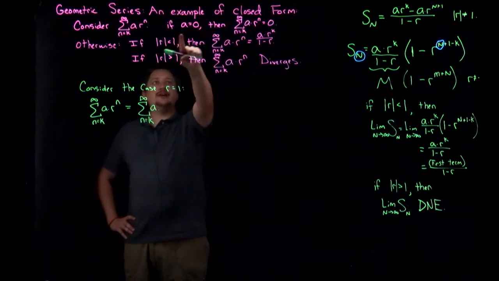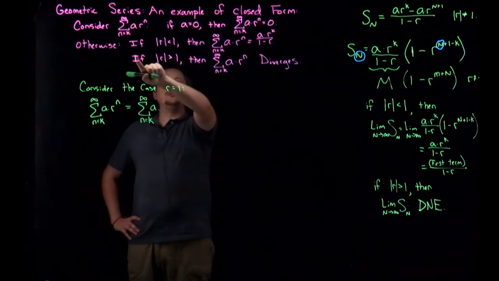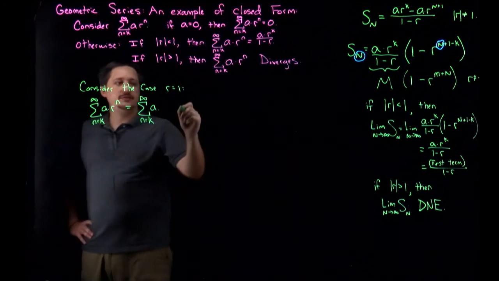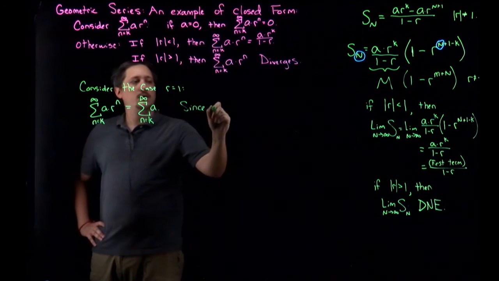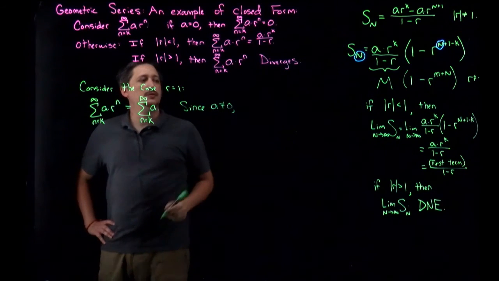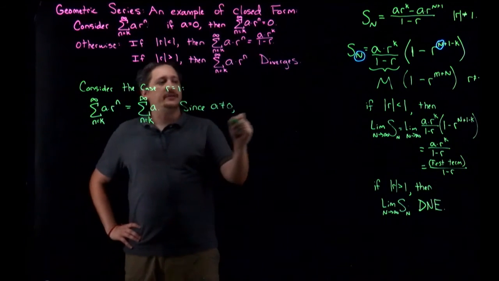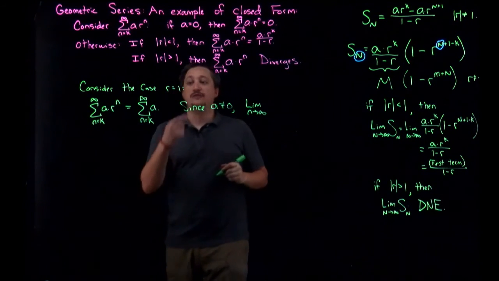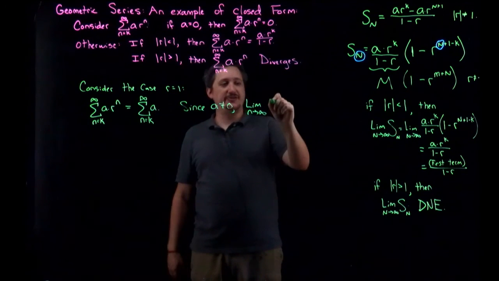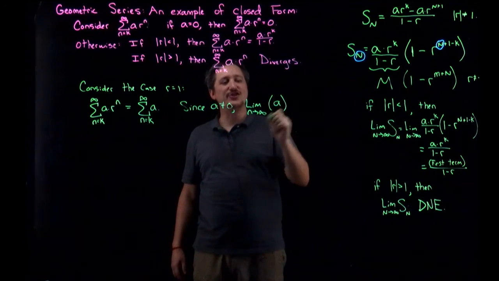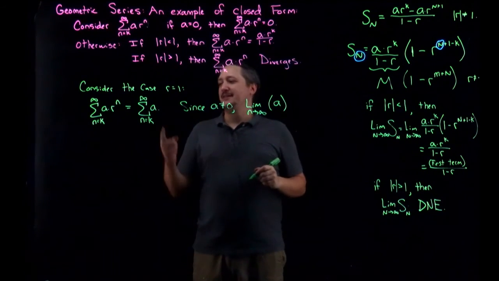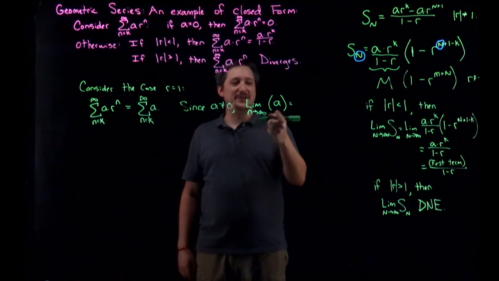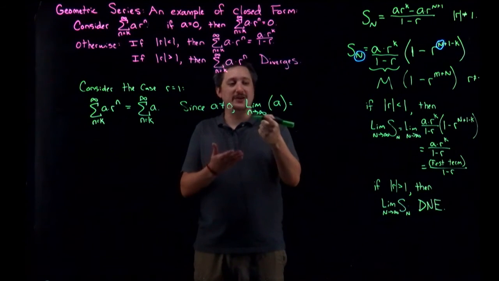And in particular, we already handled the case where a was 0, so we're saying otherwise, meaning a is not 0. So since a is not 0, I have then that the limit of n going to infinity of the a_n's, meaning the thing I am summing, which is just a, well, the limit as n goes to infinity of something that doesn't depend on n is just itself.